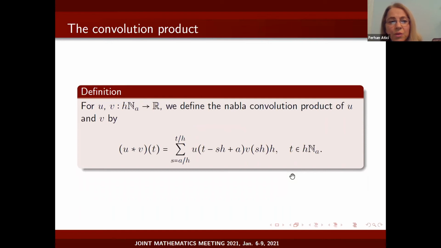I'd like to continue and remind you about the convolution product. So when h equals 1, this is the discrete convolution product. So this is the h version, I should say. But here I also want to tell you that maybe I forgot to tell you, h is any positive real number here.